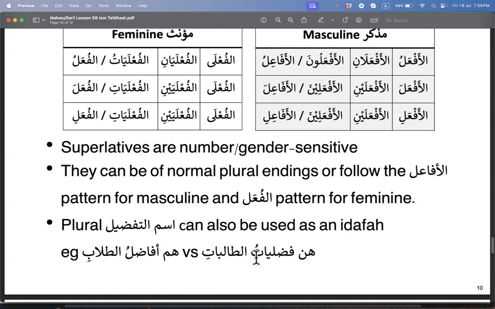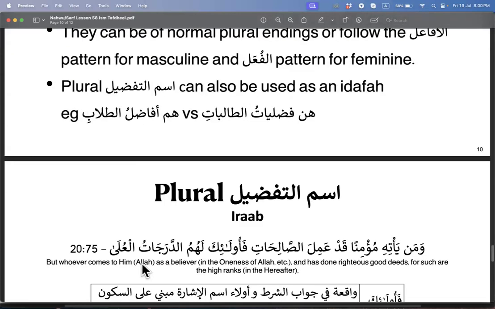And then at-talibati, so they are the best of students, the female students. Or for the masculine version, hum afadilut-tullab, they are the best of students, masculine. Okay, inshallah. That's basically it.